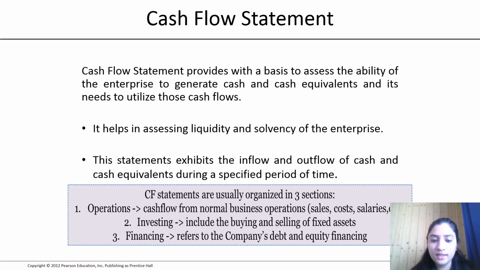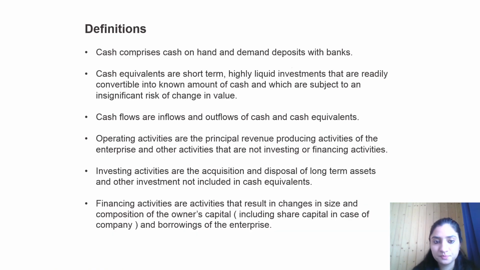Operating activities are the normal business operations, for example, paying salaries, sales, costs, wages. On the other hand, investing activities would be whether the company has bought or sold fixed assets like land, building, property, equipment. Financing activities means whether the company has taken or given debt, or has issued or bought shares.